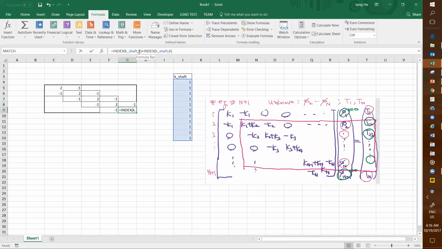And this will be 5 and 6. So 4, 5, and this one is a 3, 4. This is a 2, 3, and this is a 1, 2. Of course, the others are all 0.